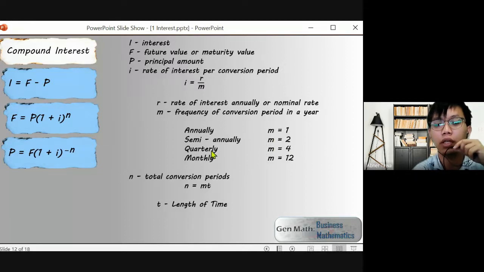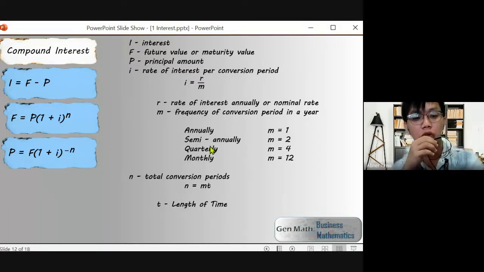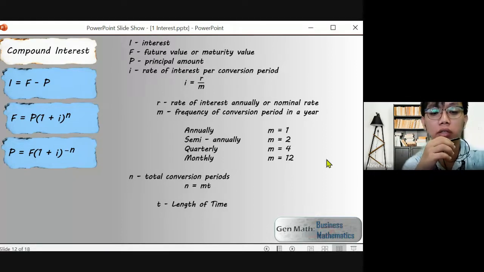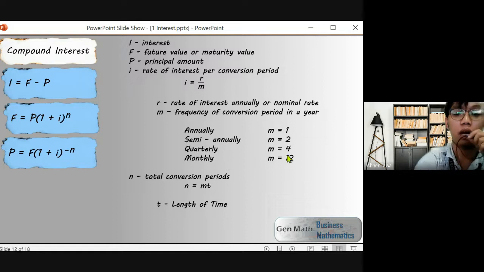Pag quarterly naman, that is every 3 months. So always remember, pag quarterly, every 3 months, and that is not every 4 months. So how many 3 months are there in a year? There are 4 quarters in a year. So there are also 2 semi-annual periods in a year. Dito sa monthly, how many months are there in a year? There are 12 months.